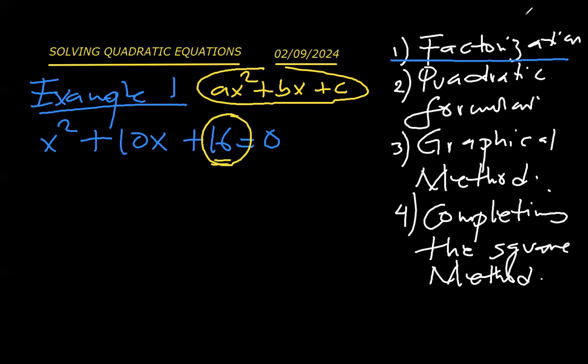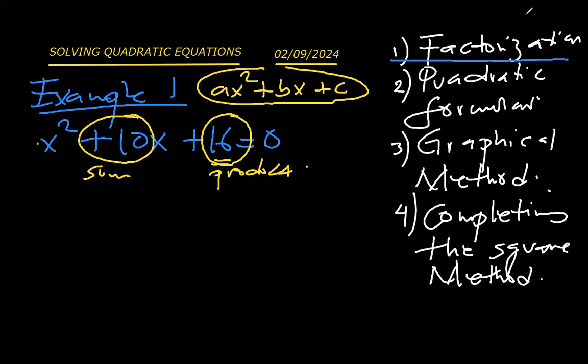And the same two numbers, you add and they're going to give us positive 10. So this is the sum. This is the product. Now we don't have a coefficient of x squared, so this one is going to be so simple. But if there's a coefficient of x squared, as I'm going to show you in the next example, things get a little bit more involving.